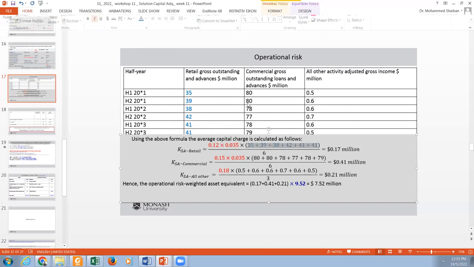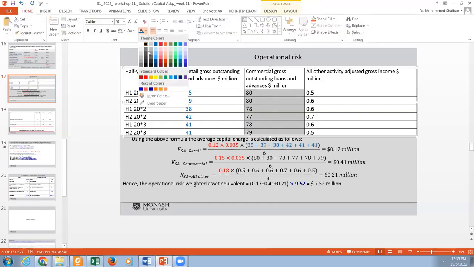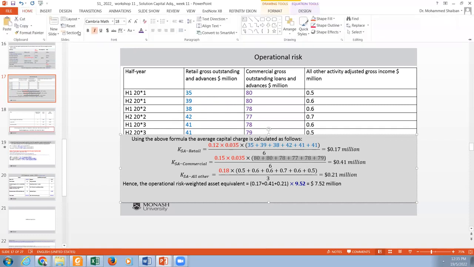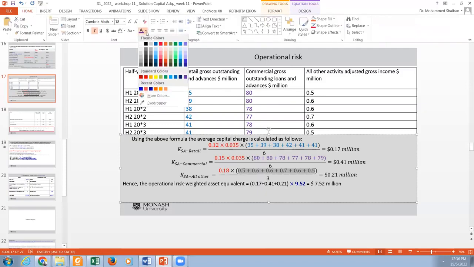Do the same thing for this one. Do the same thing for this one. And do the same thing for this one, which is this one.